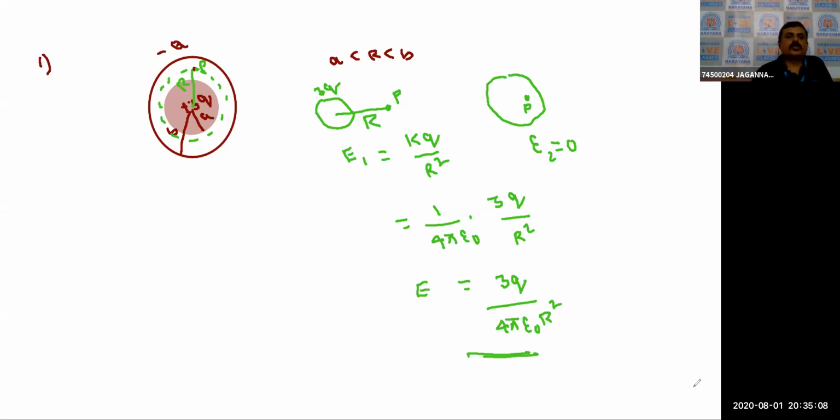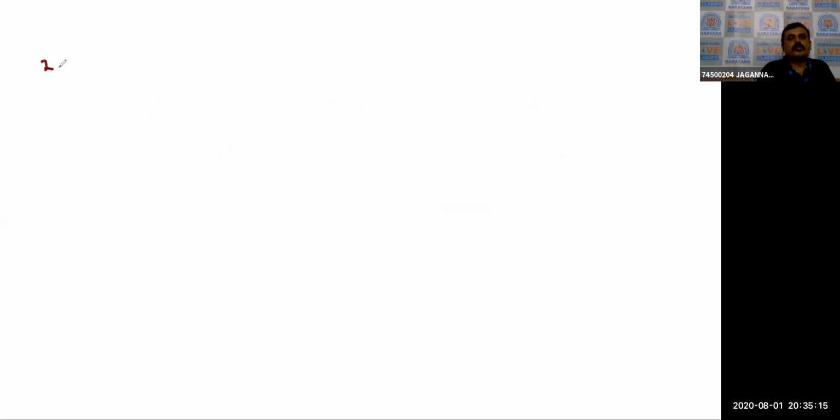Next, question number 2. This question is given an electric field E bar equal to 4i plus 3y square plus 2j cap.